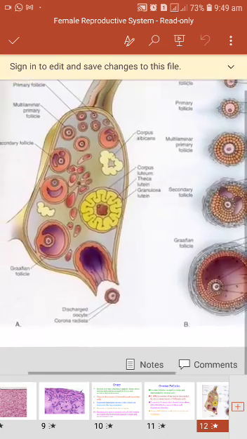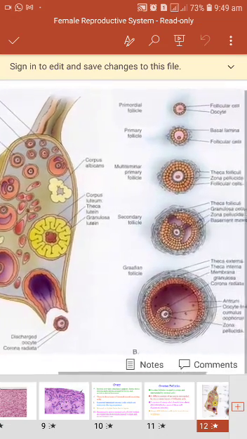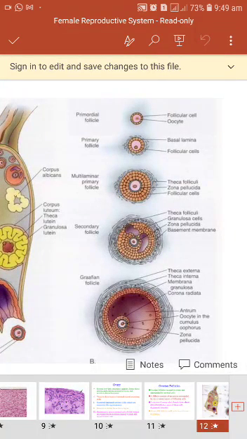This is the diagram showing different stages of the follicles. This also shows the primordial follicle with the flattened epithelium and the oocyte inside. Then we have the primary follicle, where the simple flattened epithelium is converted into simple cuboidal epithelium.